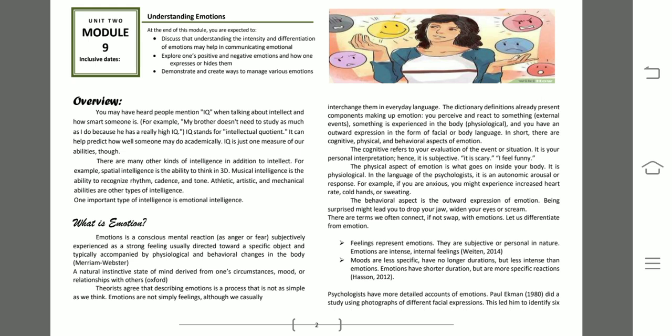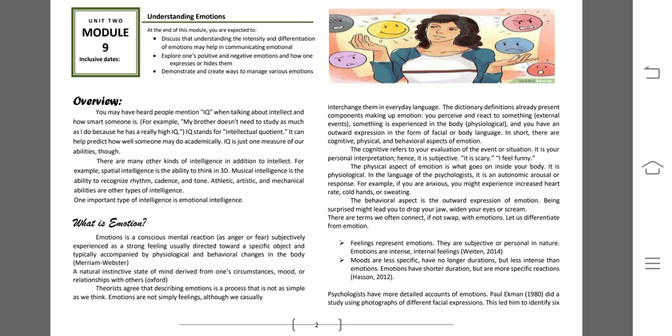Let's say, we have the spatial intelligence. Pag sinabi natin spatial intelligence, it is the ability to think in 3D or the ability to see things from another perspective. Isang halimbawa nito ay yung mga magagaling magpinta, 'di ba? Yung magaling mag-drawing.